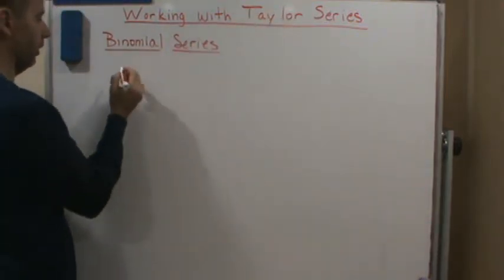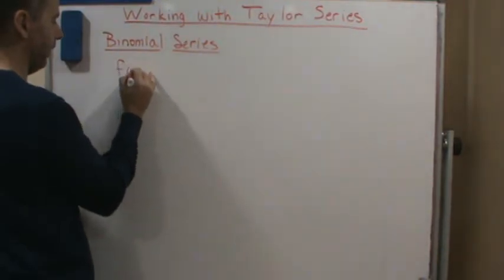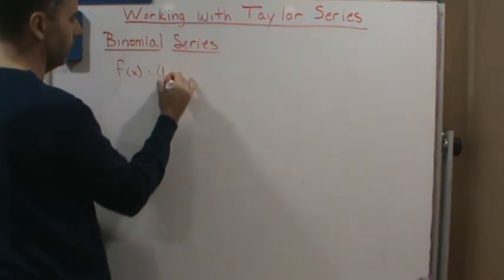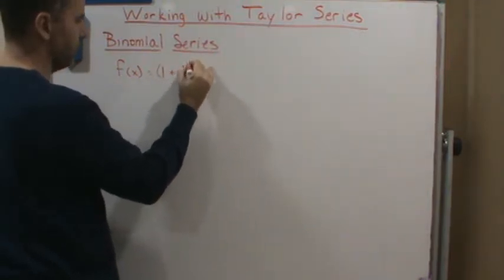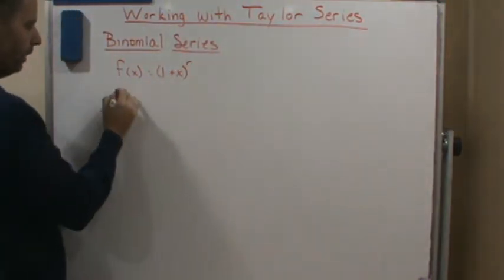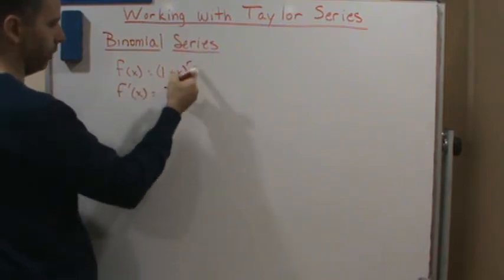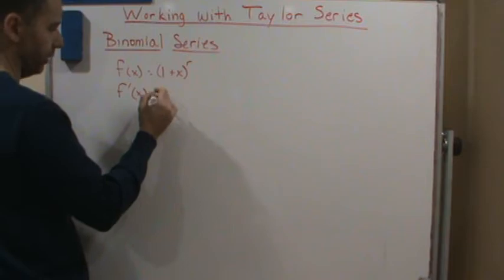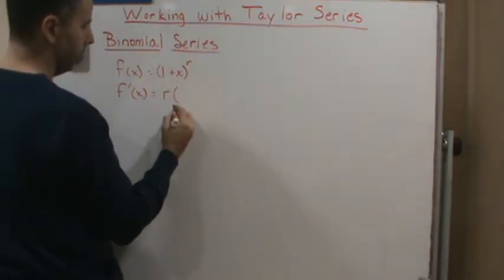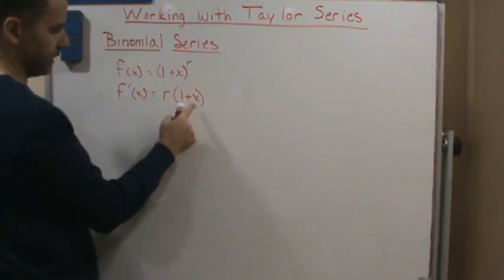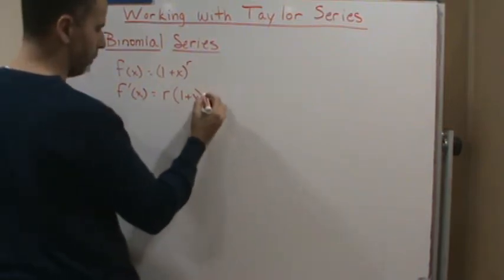So we have f of x equals 1 plus x to the r. If we take the first derivative, again we use the chain rule. We get r times 1 plus x to the r minus 1; the derivative of the inside is just 1, so we don't have to worry about that.